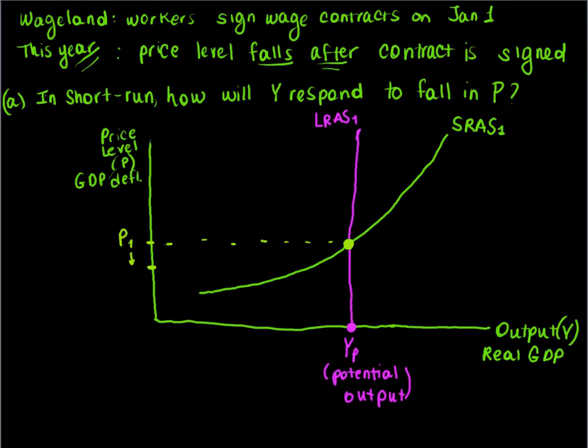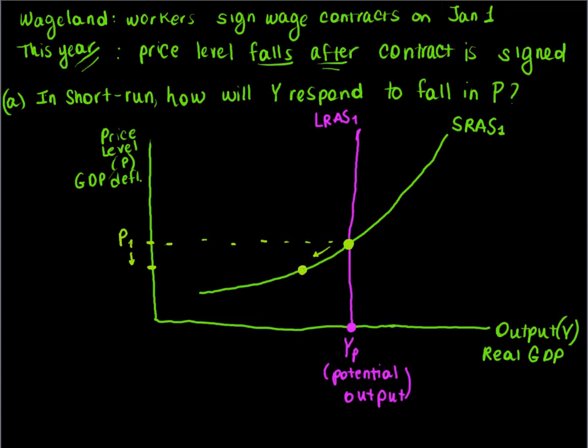So the only option they really have, because their production costs went up and their profits are going down, in the short run is to reduce their supply. So what our suppliers are going to do is move along the supply curve until they are producing the amount of product that corresponds with how much they want to produce at this lowered price level.